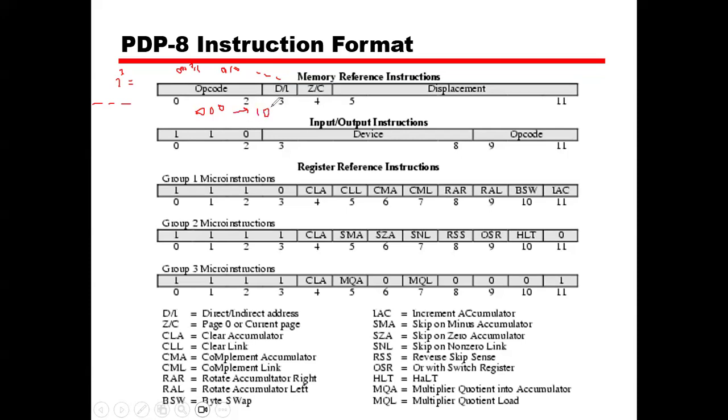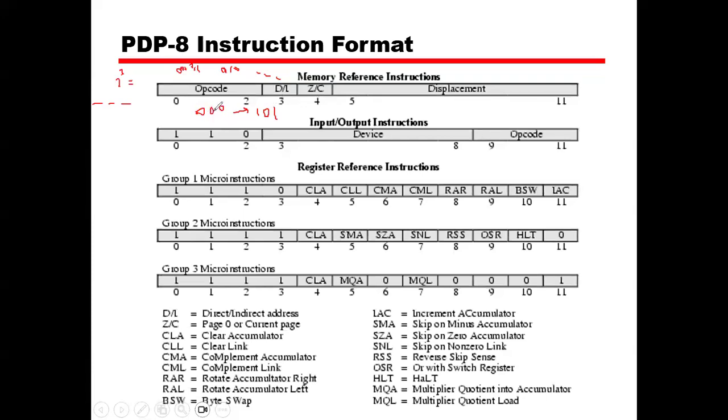Yes. Then 110, yes. From 000 to 101, how many of these do we have? 6, because there are still 110 and 111. This is what's left. So these are 6.